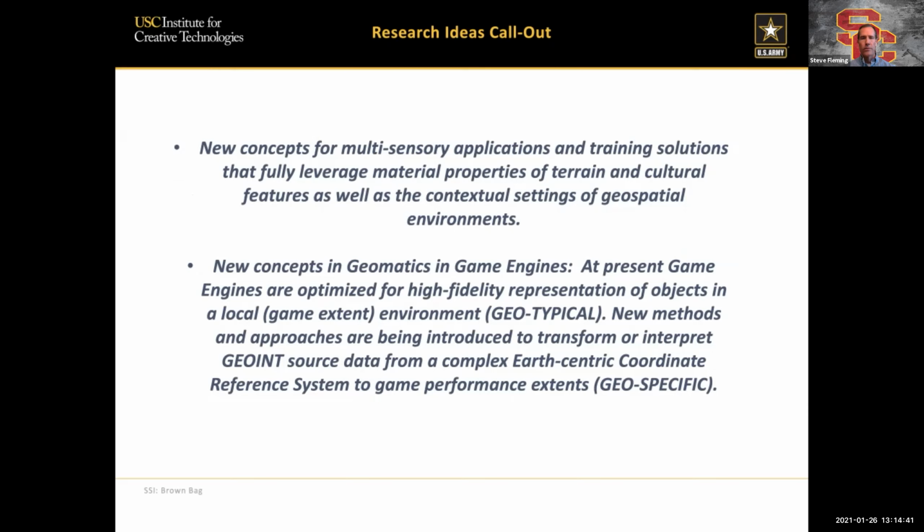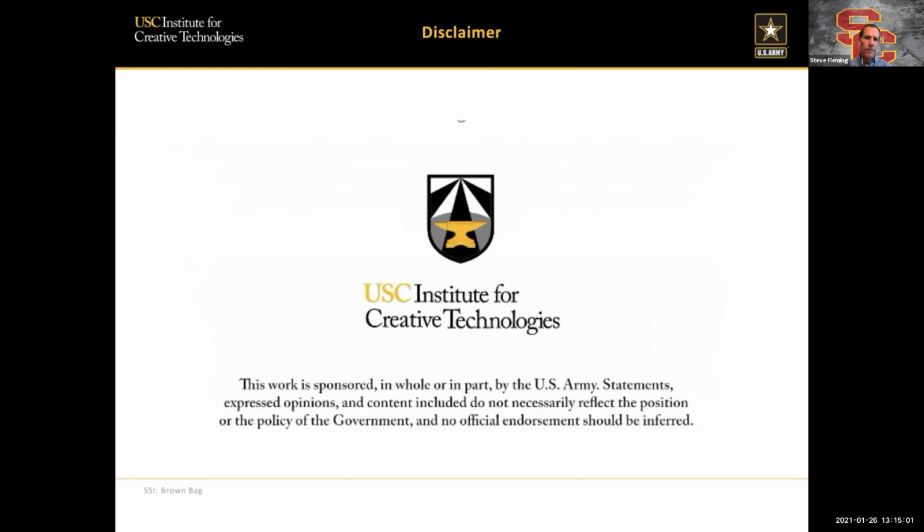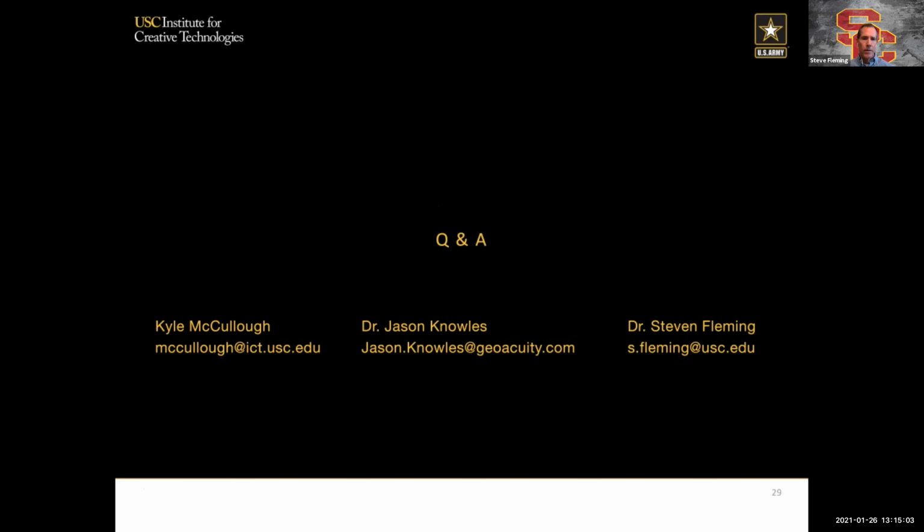But these are the kinds of research questions and research challenges that are out in front of us. And so again, these just are two of many about things that need to be done as we approach this world of modeling, simulation, and gaming. But certainly there's many more for us to consider. Next slide. Quick disclaimer from Institute for Creative Technologies, and now we'll move to Q&A.